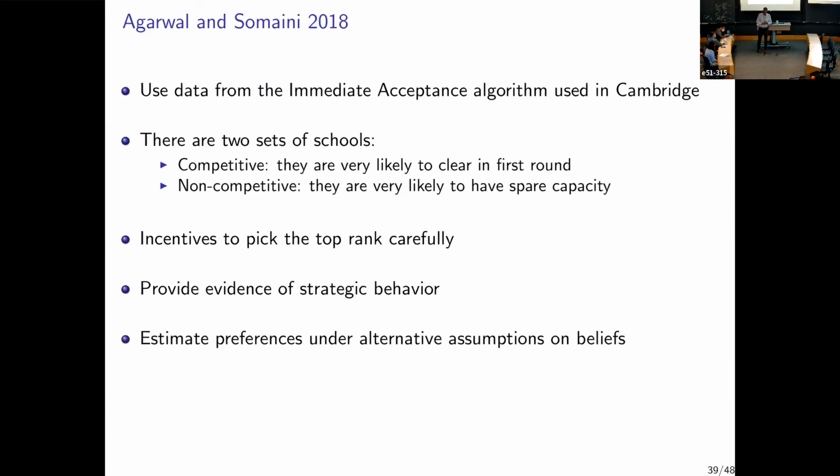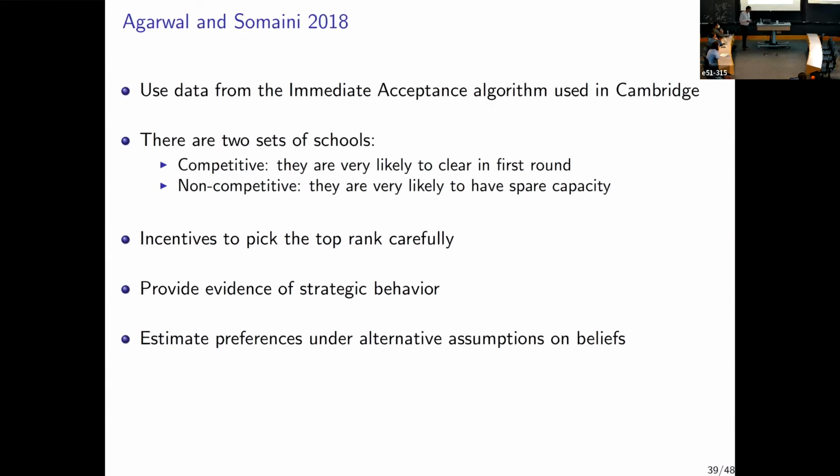Okay. So that means that if you're choosing between a school in which you have priority versus a school where you don't have priority, and they are both competitive, the probability of getting accepted in the school where you have priority is much higher, because you're going to get processed before all the people without priority, whereas in the other one, you're going to get processed after all the seats have been taken with people with priorities.